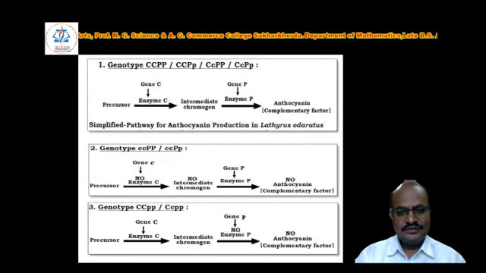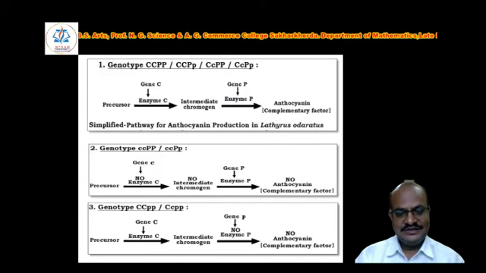Here are the four possible ways in which various genotypes will interact. In the first genotype, capital C, capital C, capital P, capital P. In the second, capital C, capital C, capital P, small p, then capital C, small c, capital P, capital P, and capital C, small c, capital P, small p.